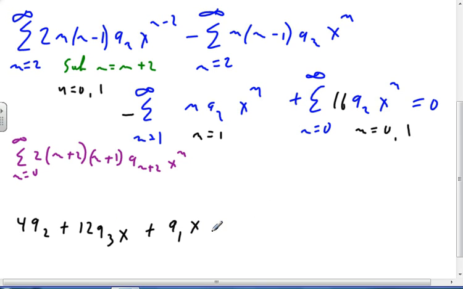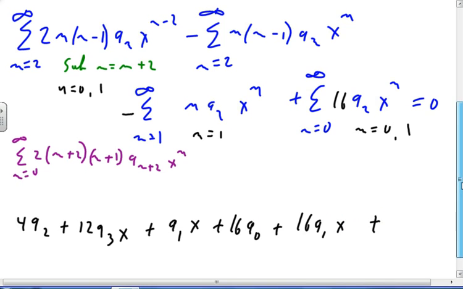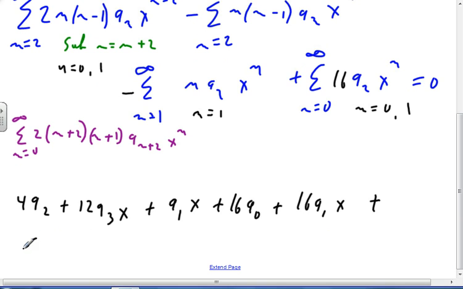I'm removing the n equal to 0 term, 16 a0. I'm removing the n equal to 1 term, 16 a1 x, plus summation n equal 2 to infinity.